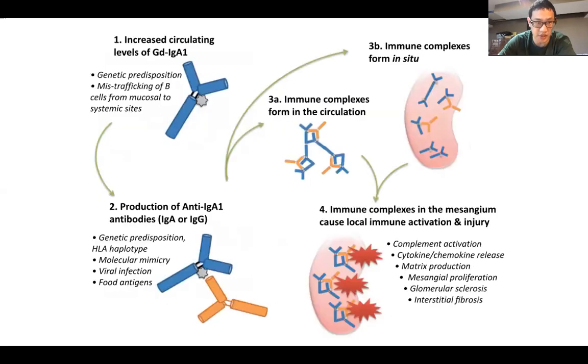But here's the general idea. You have some abnormal glycosylated IgA, and as a result, you produce anti-IgA antibodies, which form circulating complexes, which then deposit within the kidney and cause local immune complex activation, complement activation, and injury within the kidney.